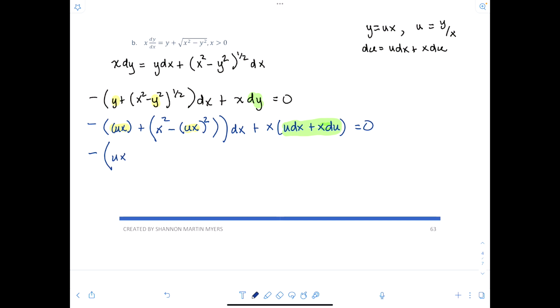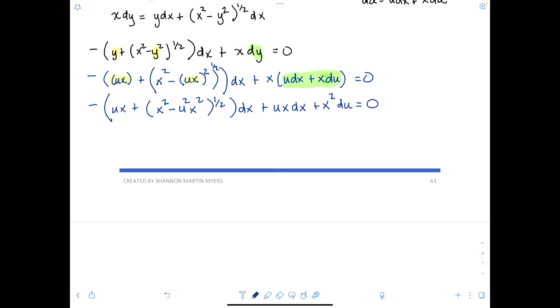And then I lost my 1/2 right here, my bad. Plus x squared minus u squared times x squared, all of that to the 1/2. And then this whole thing is times dx plus u times x dx plus x squared du equals 0.